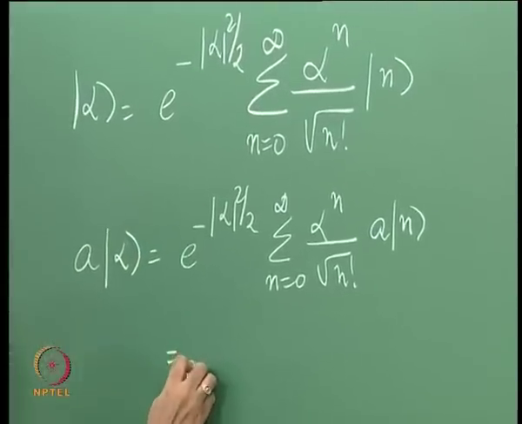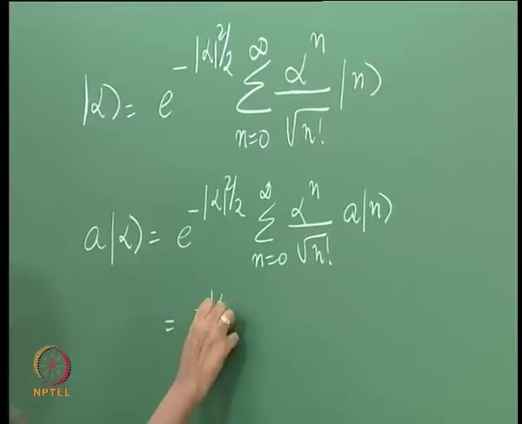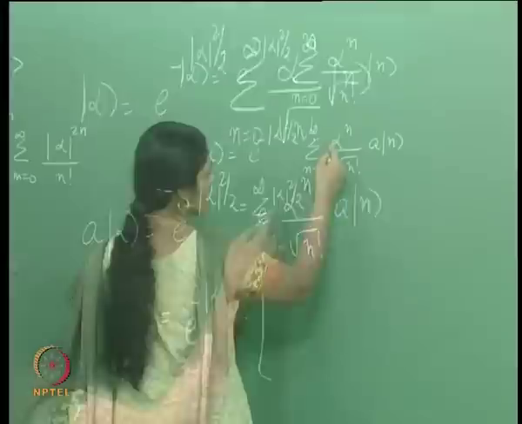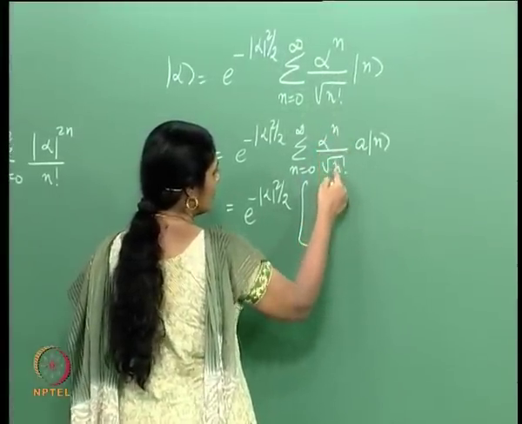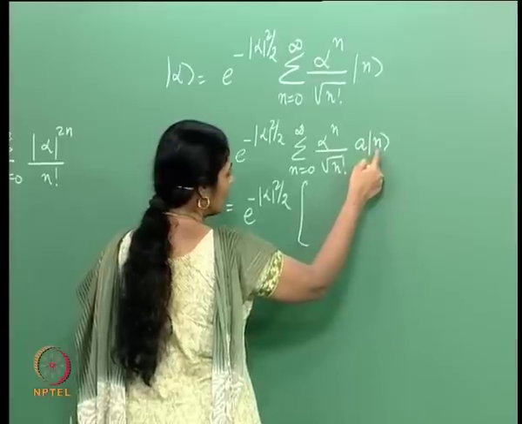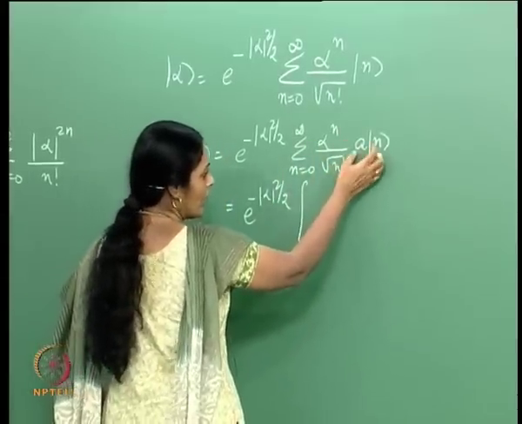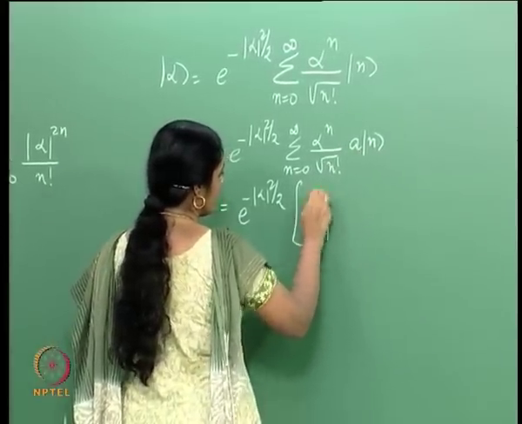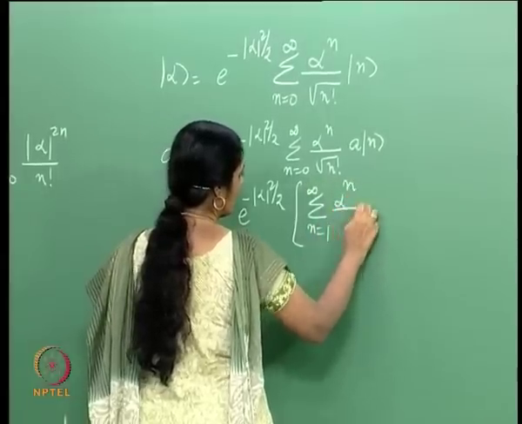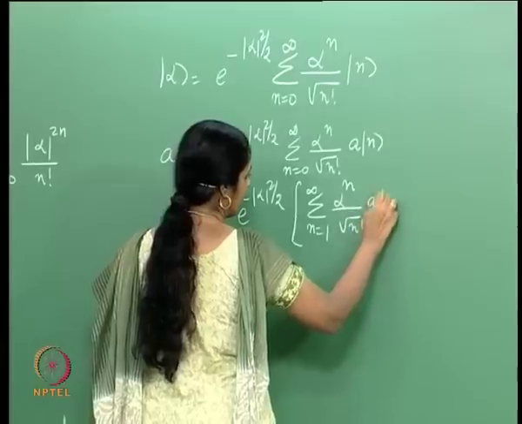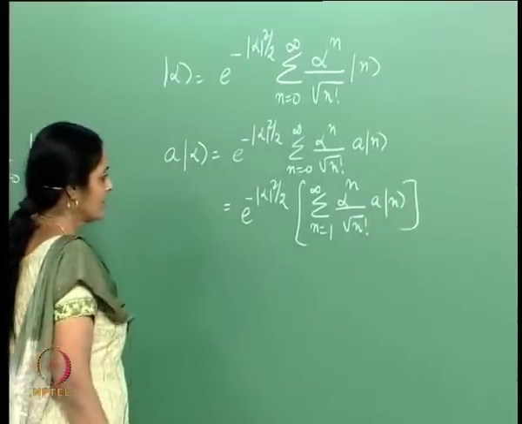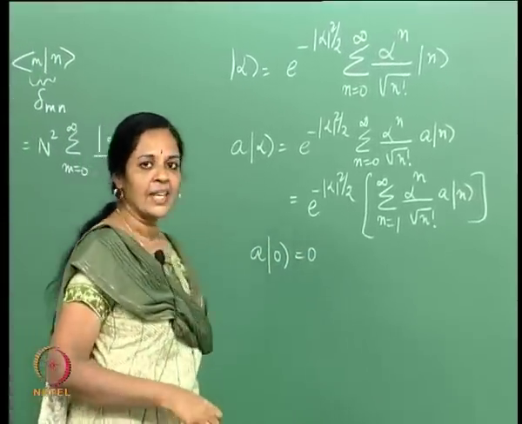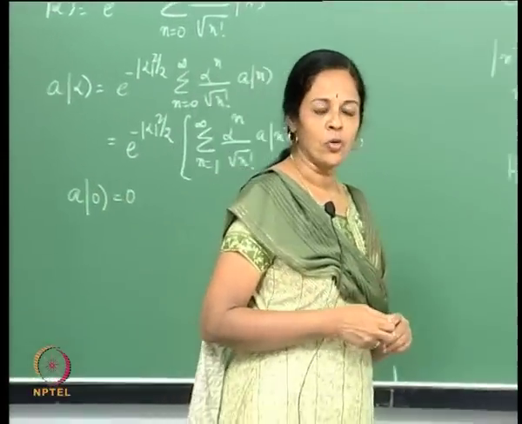I would like to pull out the first term corresponding to n equal to 0, which is alpha to the power of 0 by root n factorial, A on ket 0, and that is 0 because A on ket 0 is 0, and therefore I am left with this object. I have used the property that A annihilates the 0 photon state.